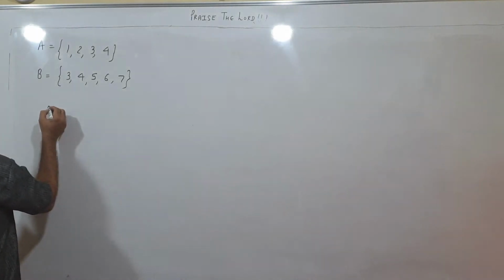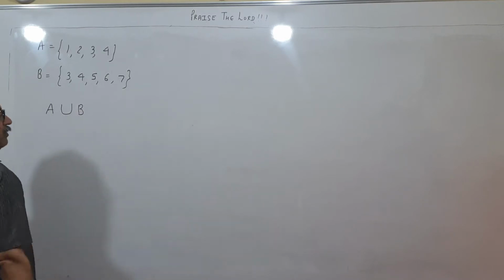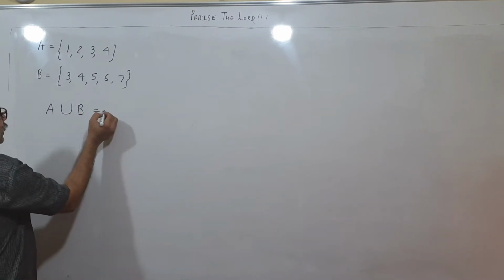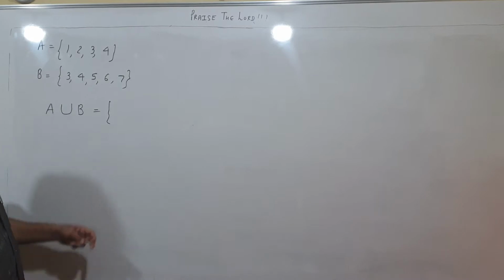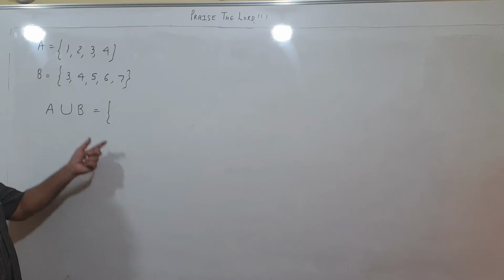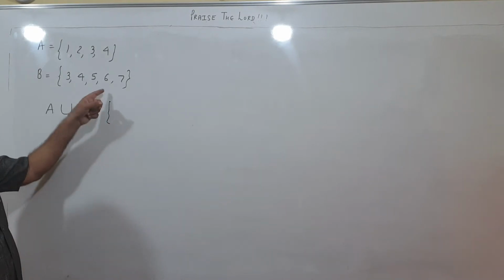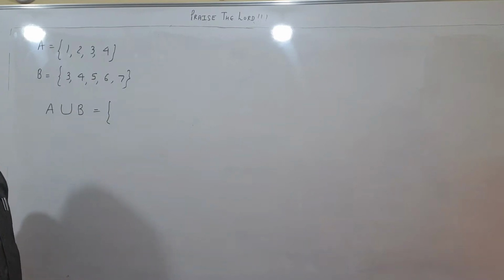We will use a symbol like this, A union B. This will be the symbol for union. And that will be a collection of elements either present in A or in B. If an element is present even in one set, you have to include it in the union of the two sets. To be an element of the union of two sets, the element need not be present in both the sets. Even if it is present in one set, it will be included in the union.